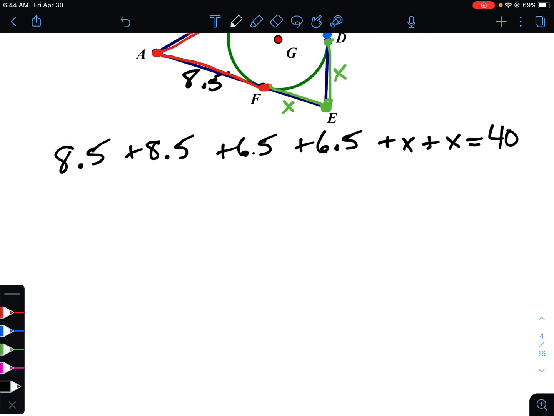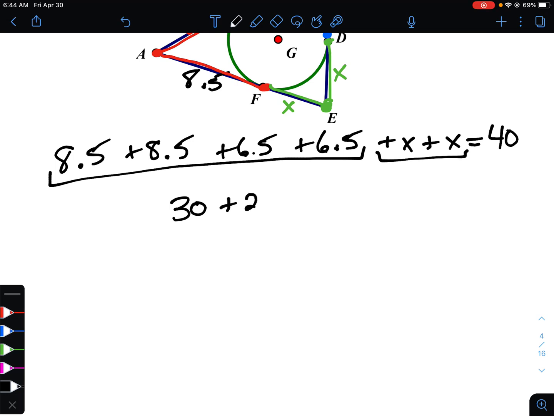So let's simplify just a little bit. If we take 8.5 plus 8.5 plus 6.5 plus 6.5, that becomes the number 30. And then x plus x is 2x, so 30 plus 2x has to equal 40.